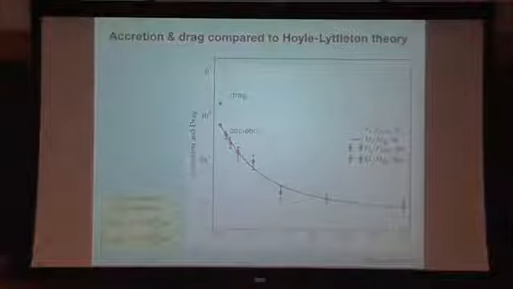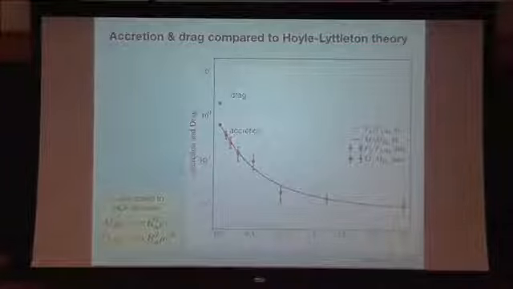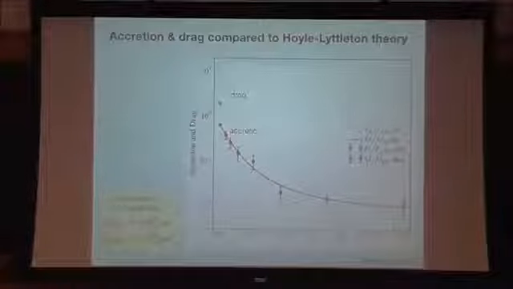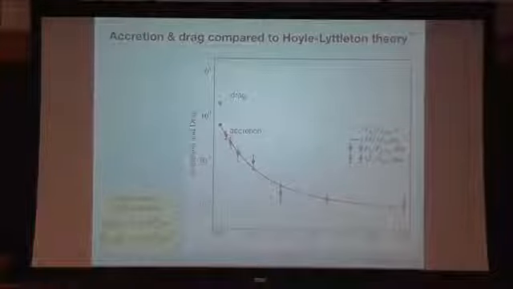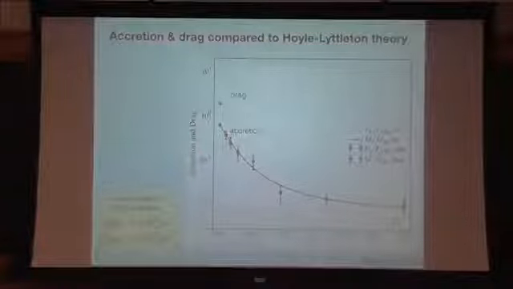The drag is generated by the fact that there's a wake that's higher density behind this object than there is ahead. The focusing of material piles up a high density wake behind, and the equal and opposite reaction of that is to slow down the object.